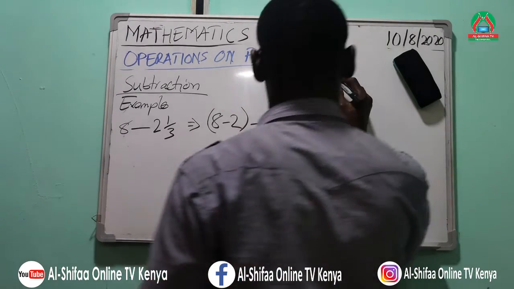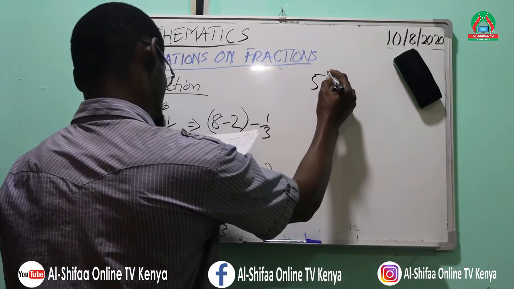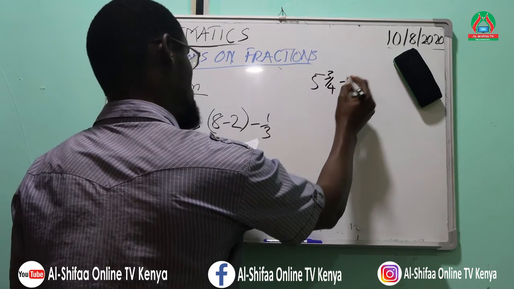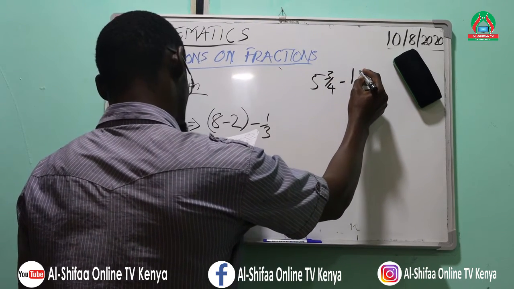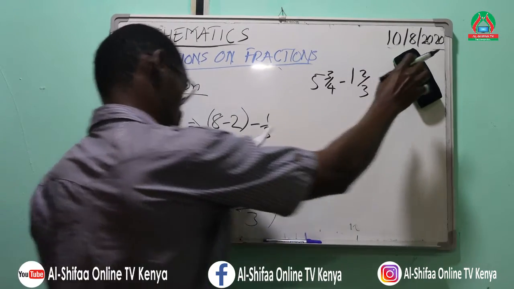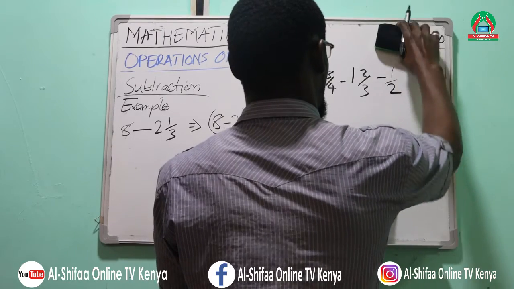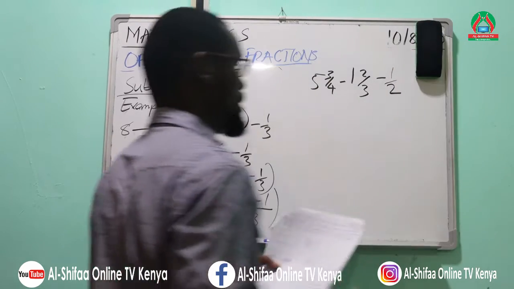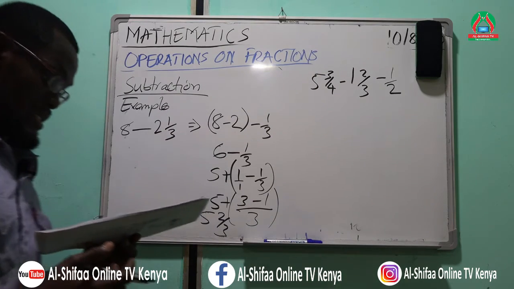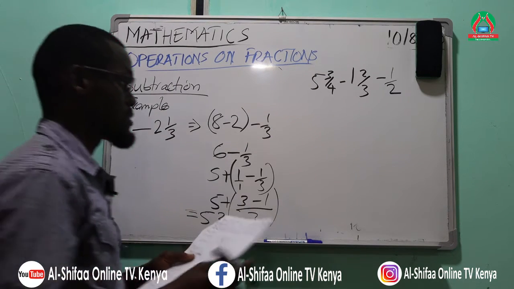We have 5 3/4 minus 1 2/3 minus a half. So first we'll subtract the whole numbers first.